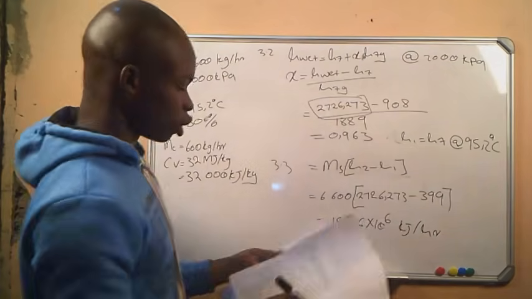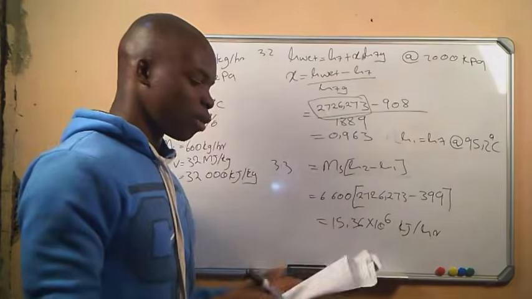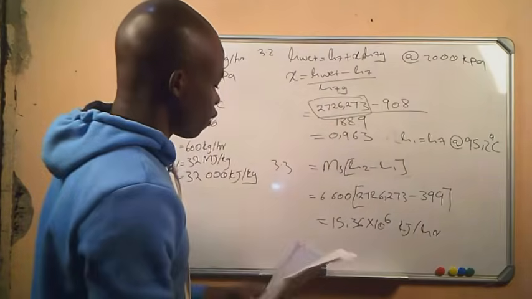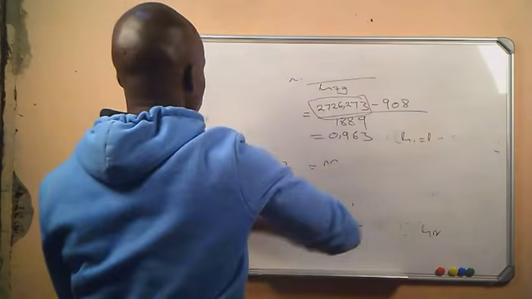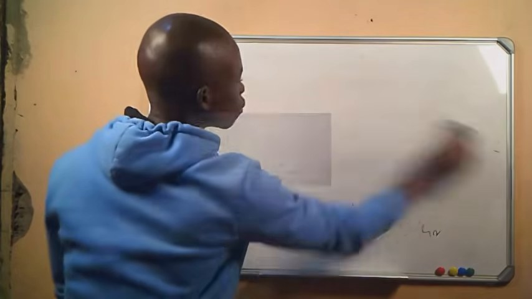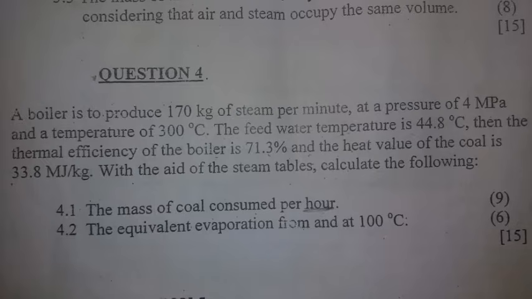Then I have another question here that we can do fast. The second question, they say a boiler is to produce 170 kg of steam per minute at a pressure of 4 megapascal and a temperature of 300 degrees Celsius.